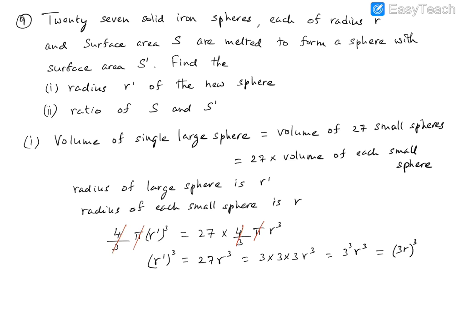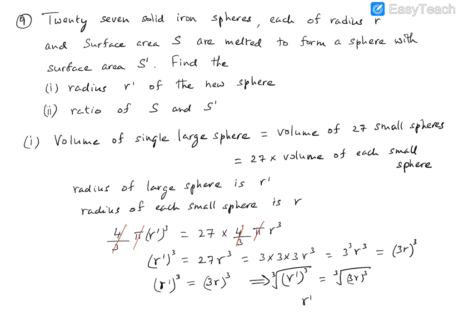So we have the relationship now between r dash and r. r dash cube is equal to 3r the whole cube. What this means is that we can take the cube root of the entire equation. We take the cube root of r dash cube, which is equal to the cube root of 3r the whole cube.